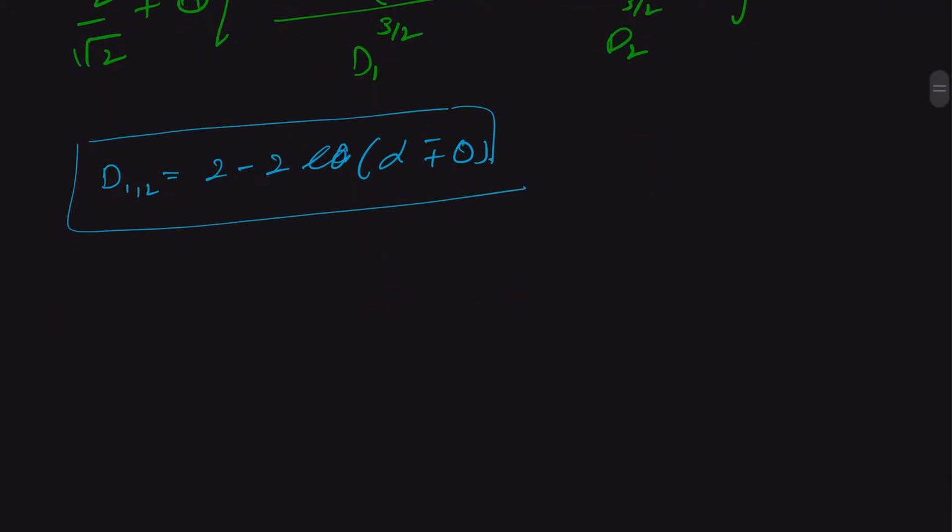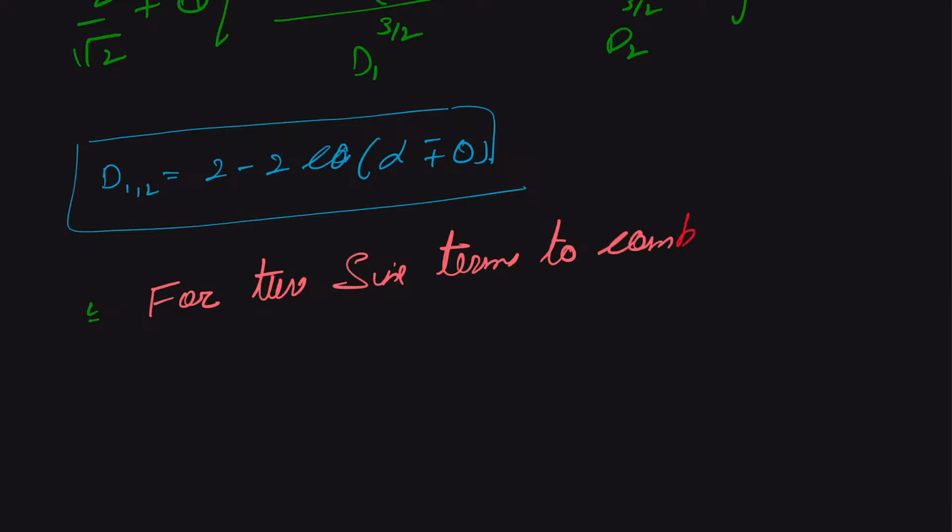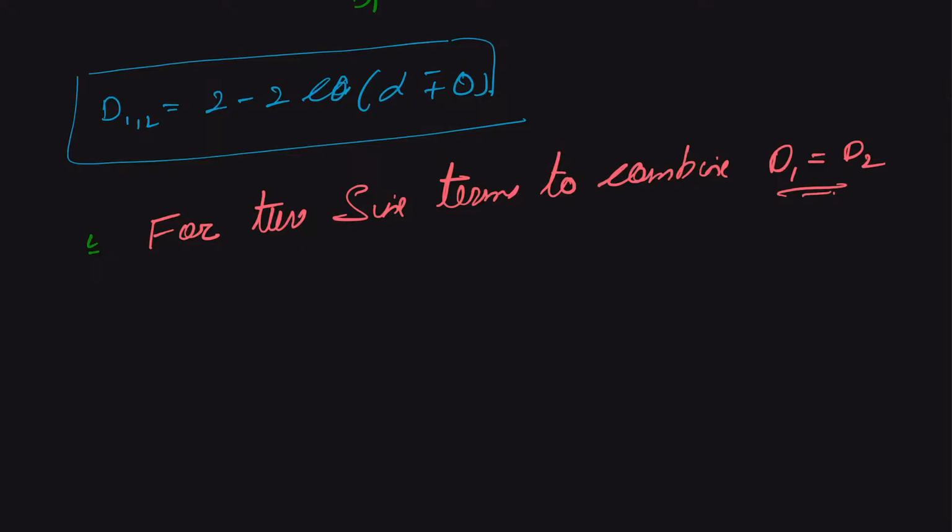And for that we can write that for the two sine terms to combine, d1 should be equal to d2, or in terms of equation, we can write this as cos of alpha minus theta should be equal to cos of alpha plus theta.